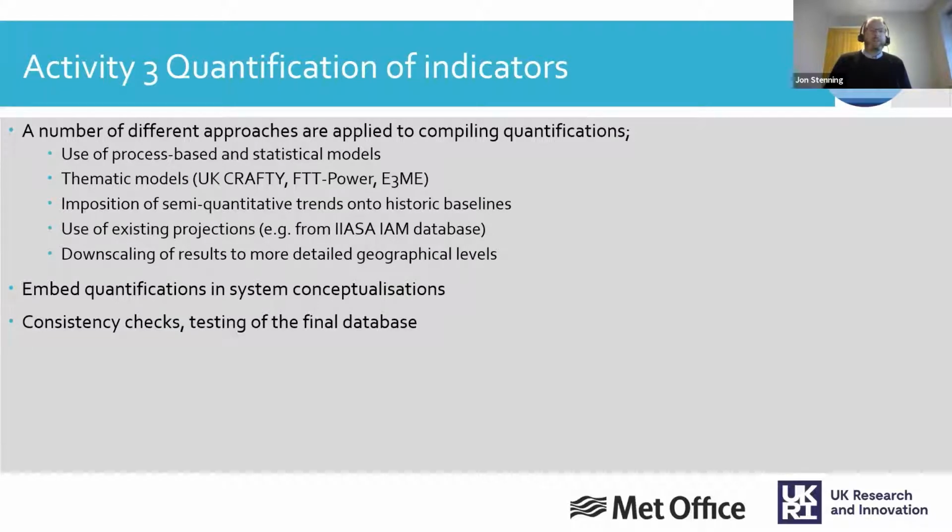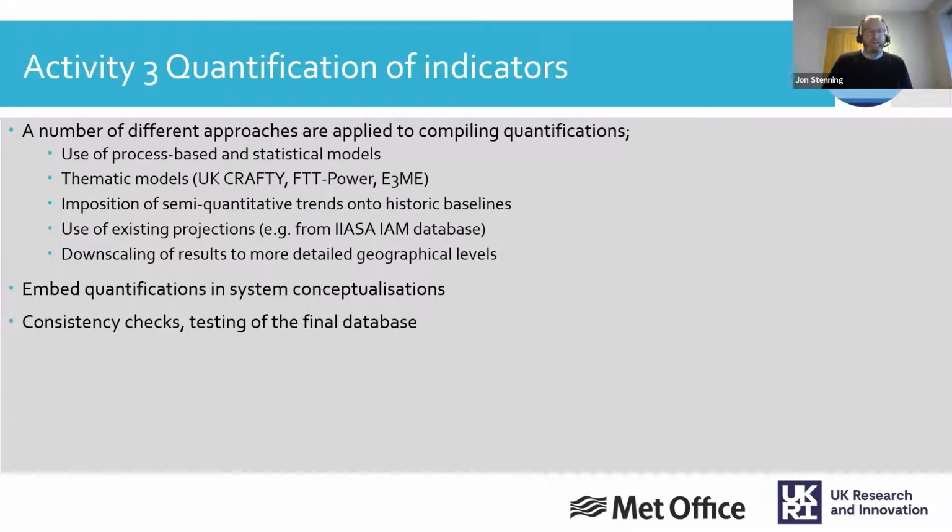So this is particularly for things like downscaling of projections, where we have, for example, taken projections at the UK level from the IIASA database of outputs provided by the different integrated assessment models, and we're using our models to then allocate, if you like, those UK level results across the more detailed spatial level.